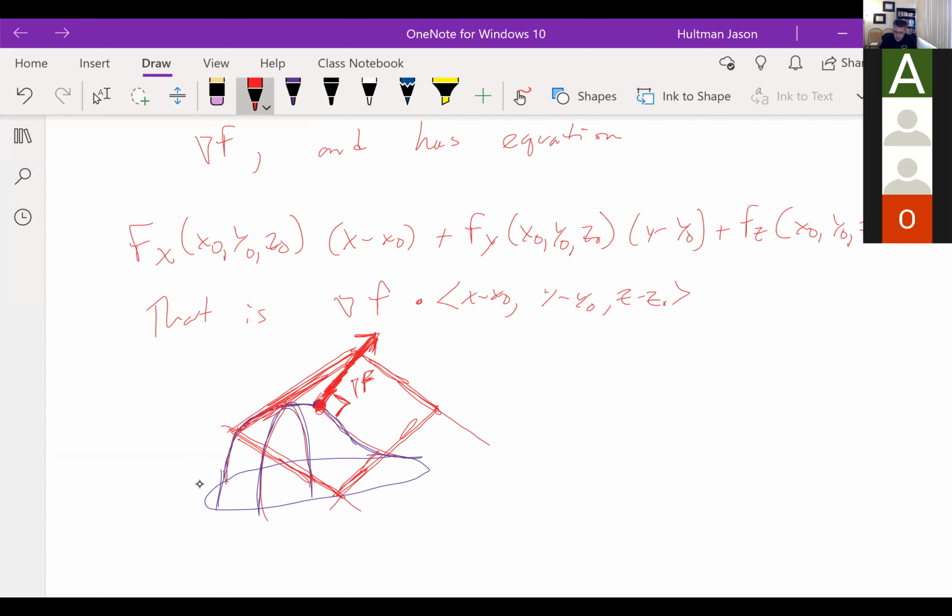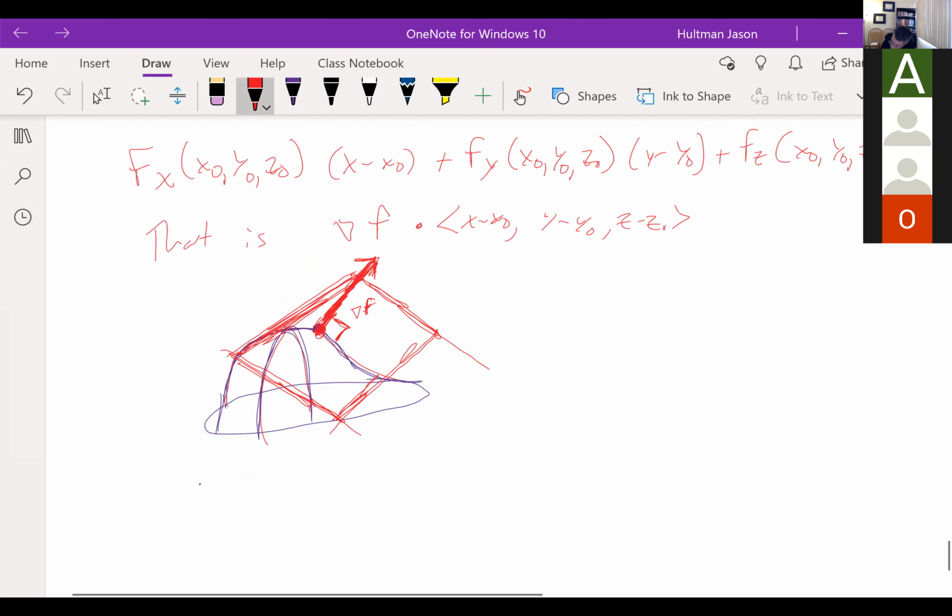I'm not going to confuse you by mixing messages. We just need to know that it's normal to del f. That's the tangent plane, at that point on the surface, is equal to 0.